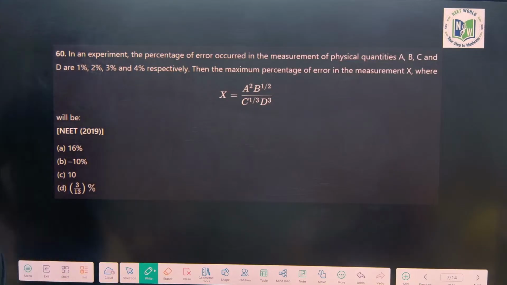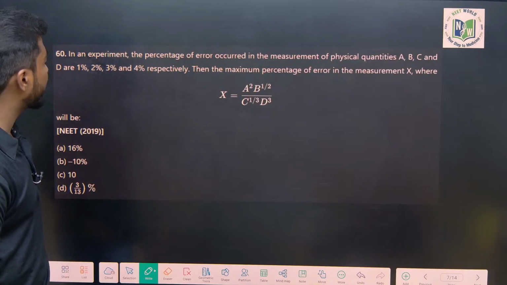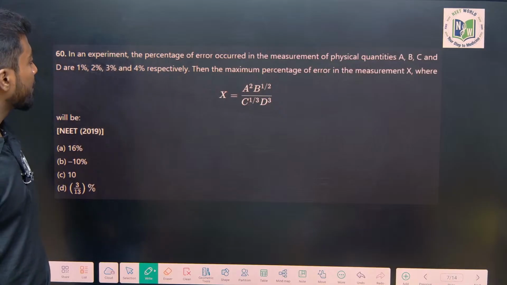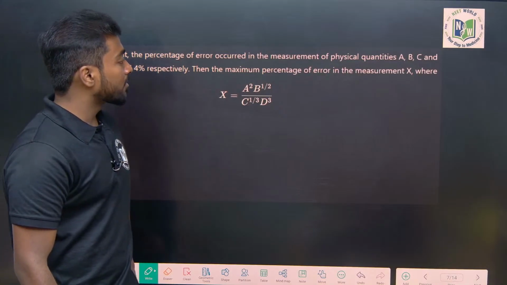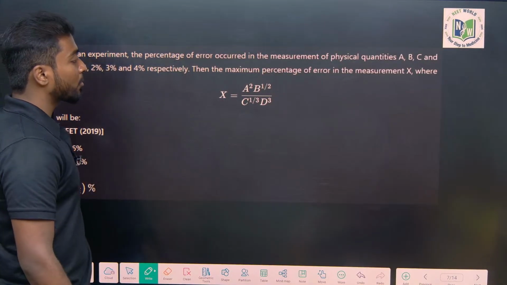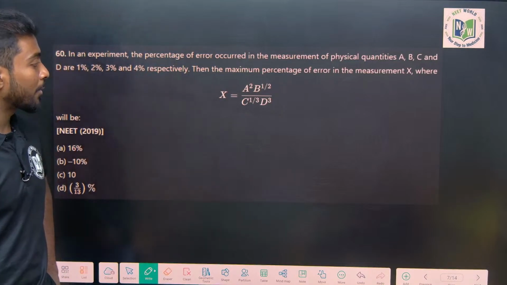In an experiment, the percentage of error occurred in a measurement of physical quantities A, B, C, D are 1%, 2%, 3% and 4%. Then the maximum percentage of error in the measurement of x, where x equals A square B power 1 by 2 divided by C power 1 by 3 D cube.